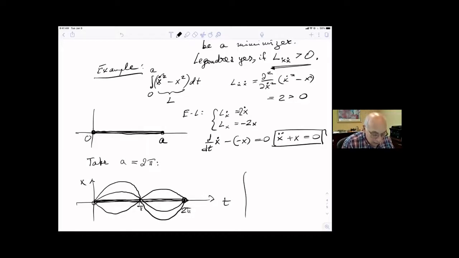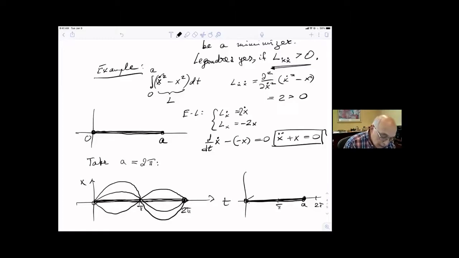But if I take A less than 2 pi, so here's 2 pi, and I take A to be here, then this is still a solution of the Euler-Lagrange equation, and it satisfies the boundary conditions, but it's not the shortest curve. There is a shorter curve than this.